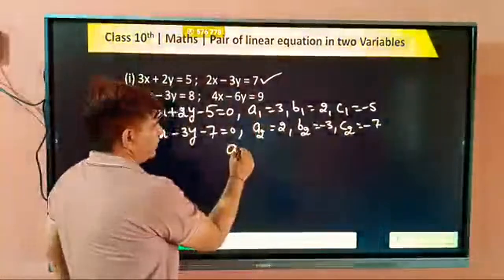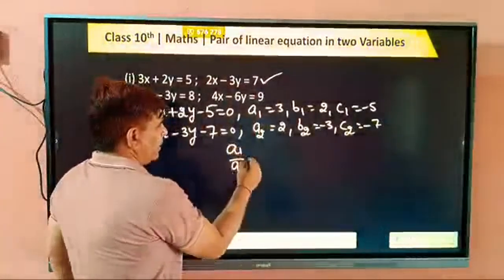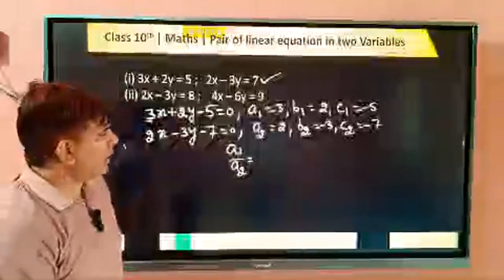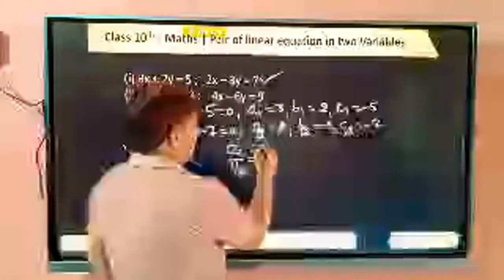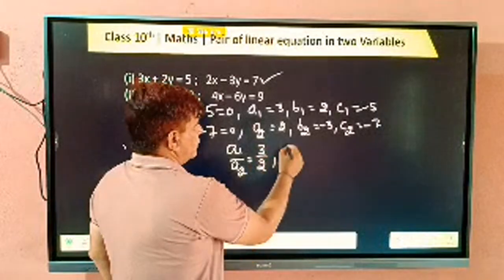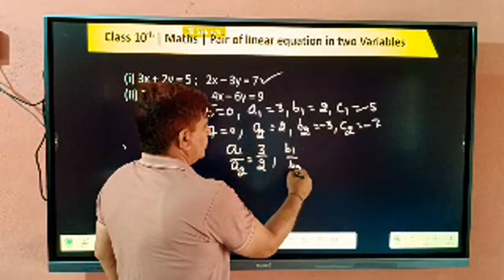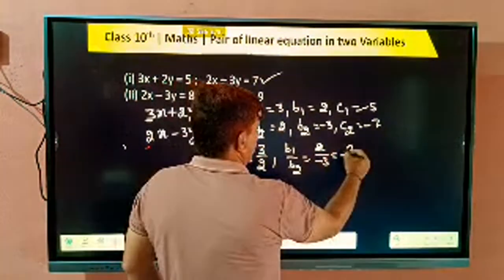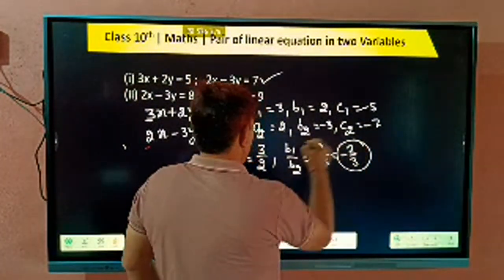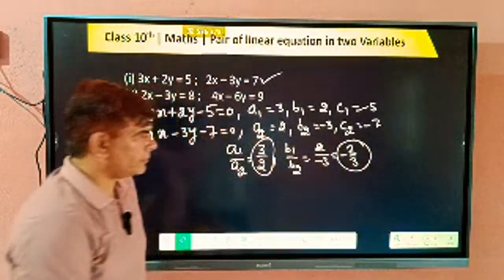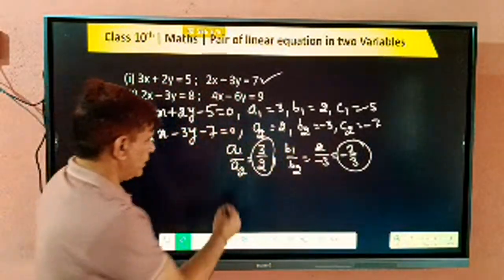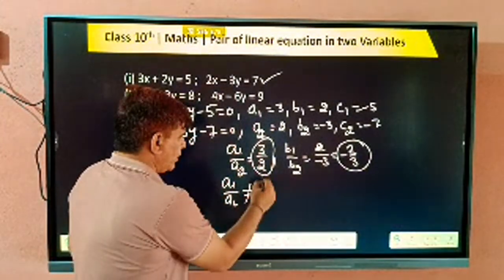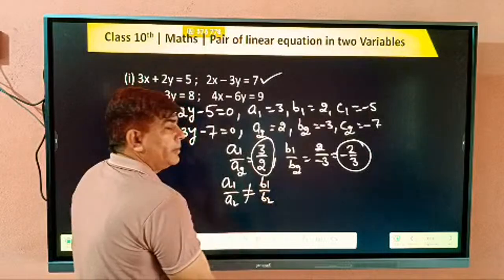So compare it. First, what can we find? A1 by A2 is 3 by 2. What's B1 by B2? 2 by minus 3, or we can write minus 2 by 3. Are these equal? Not equal. So A1 by A2 is not equal to B1 by B2.